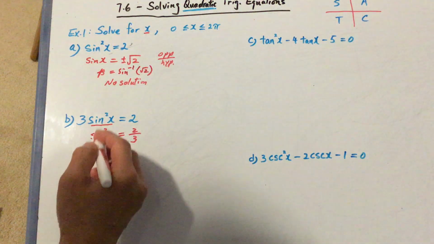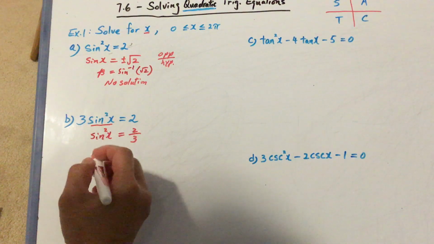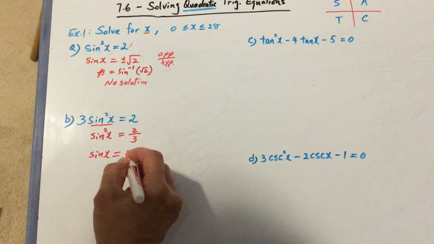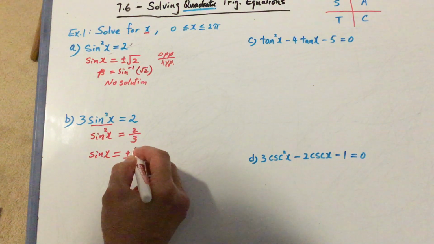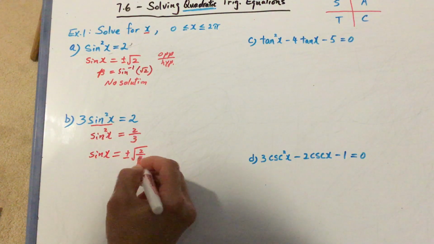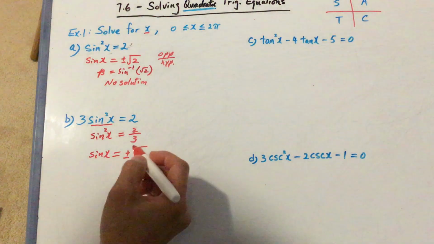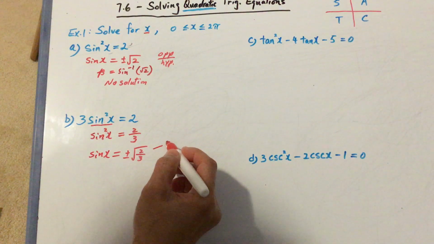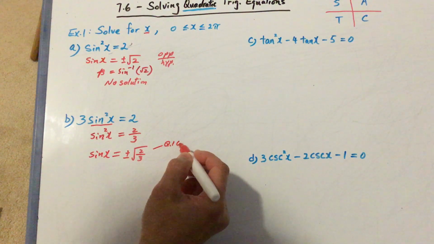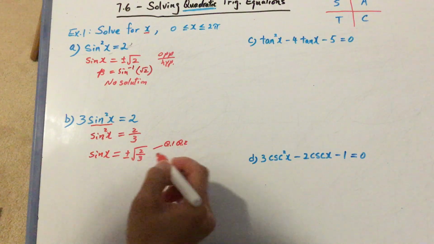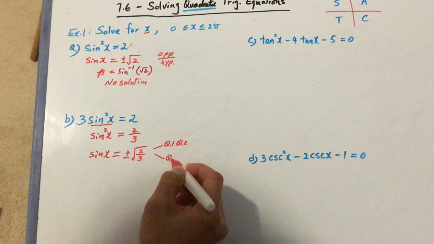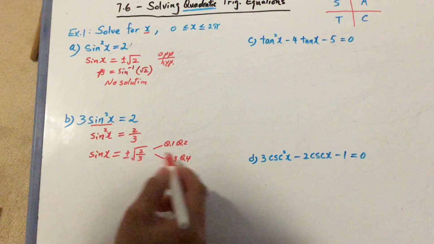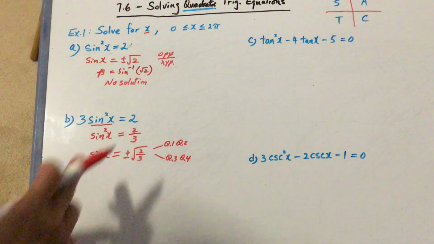Then take a square root on both sides, so you end up with sine x equal to a plus and a minus, don't forget that, square root of 2 over 3. Again, you will have solutions in both quadrant 1 and quadrant 2 for the positive, and you also have solutions in quadrant 3 and quadrant 4 for the negative, because of the plus and minus.